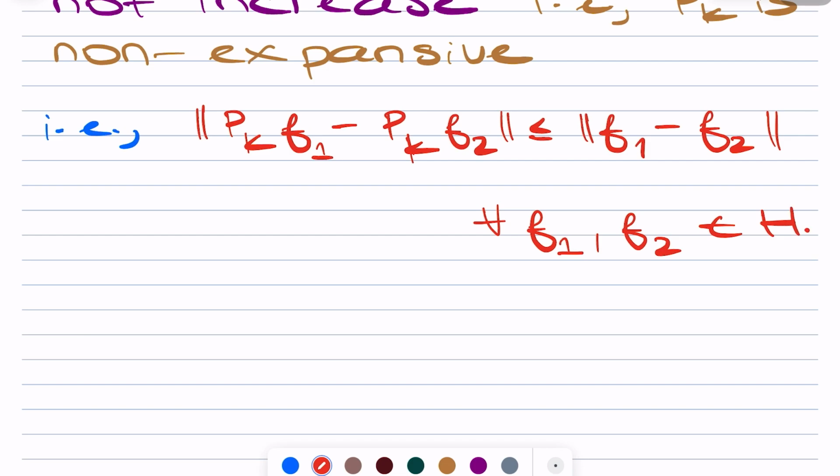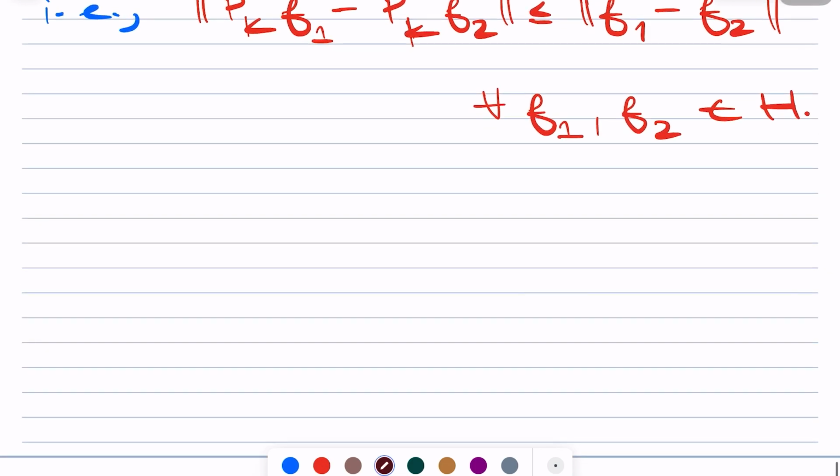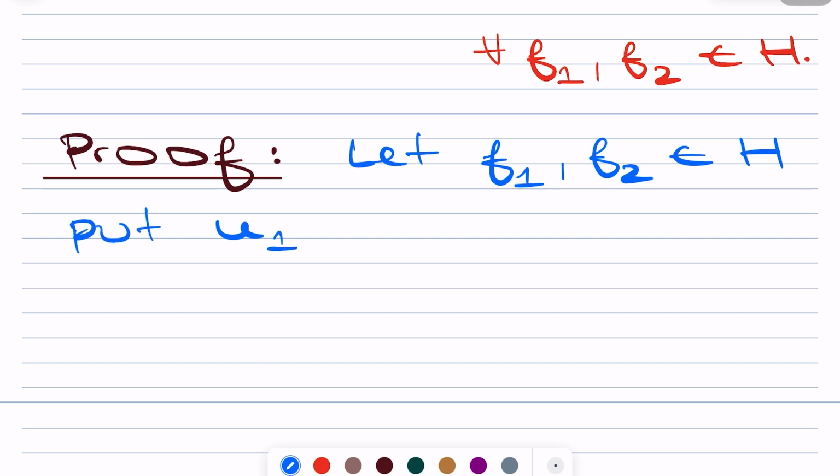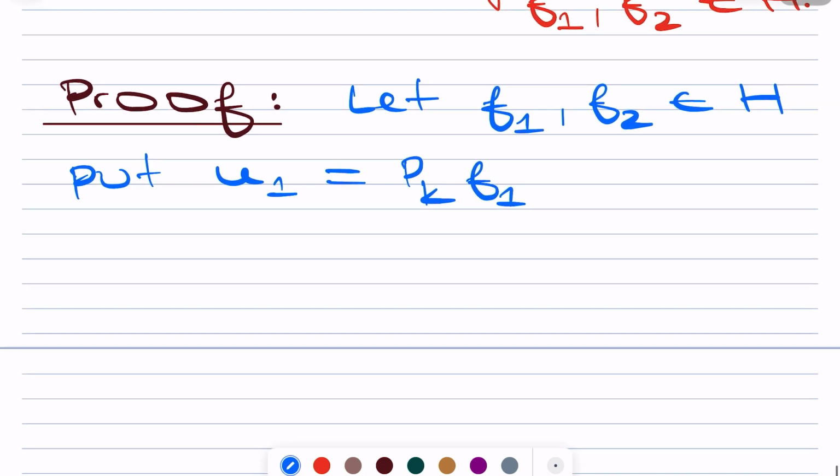So let's go into the proof very quickly. Of course, let f1, f2 in H, and put u1 to be the projection onto K of f1 and u2 to be the projection onto K of f2.